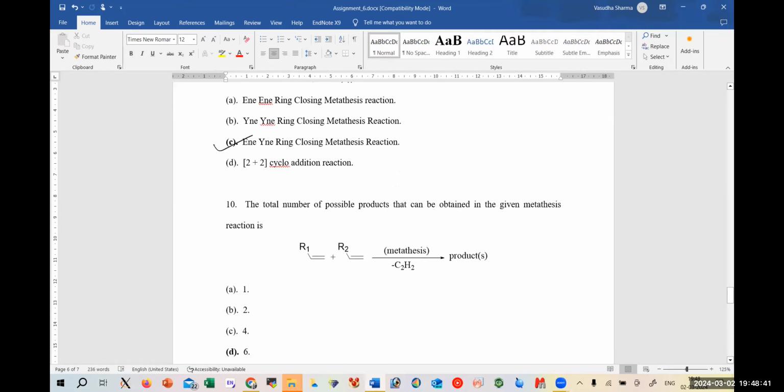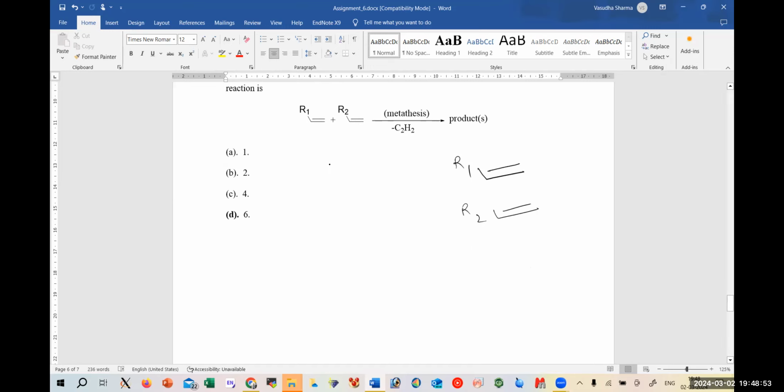And the last is the total number of possible products that can be obtained in this metathesis reaction. So we have R1 and R2. R1 can give you R1 and R1, and R2 can give you R2 and R2.